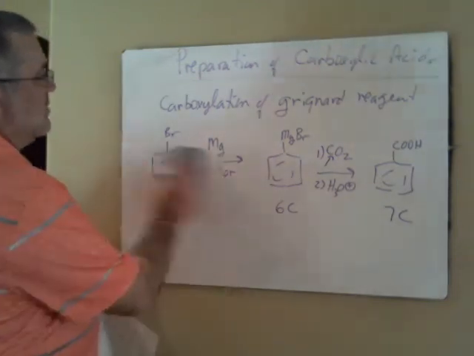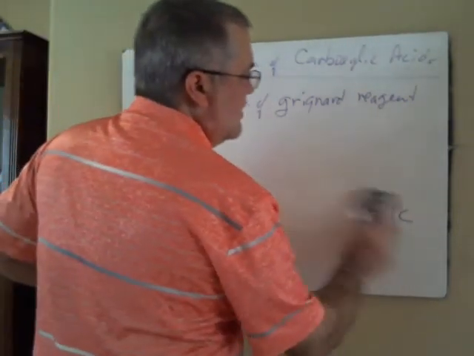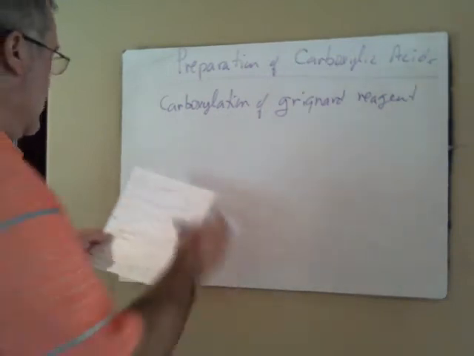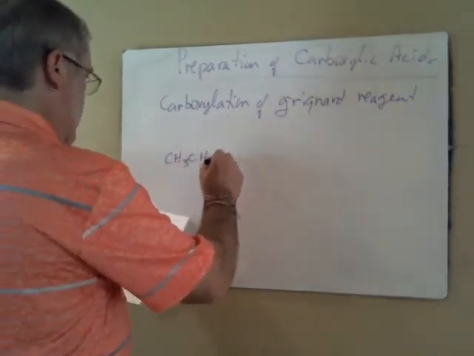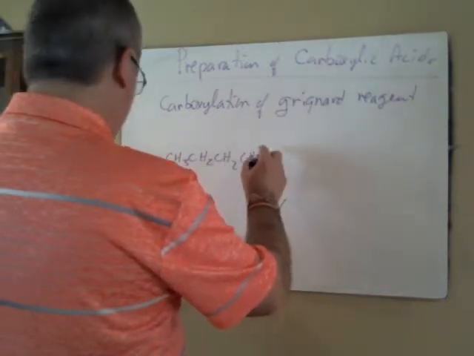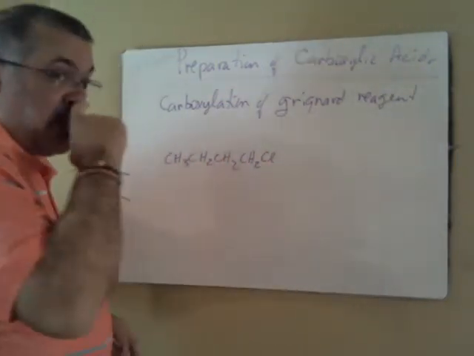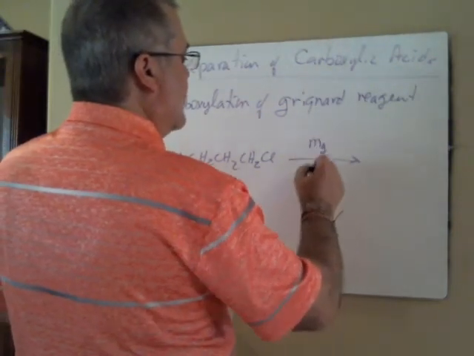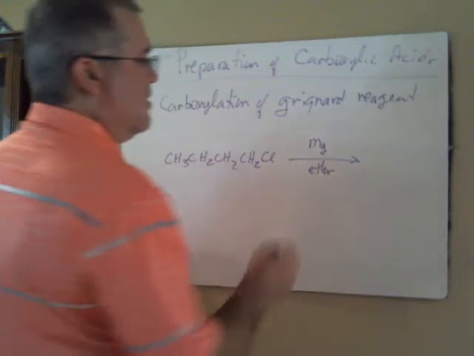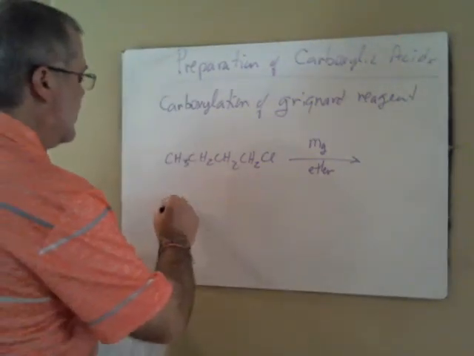And so to emphasize that, let's look at a different example. Let's look at an acyclic or open chain, let's use 4 carbons, and let's have the chloro form of this. So I'm first going to treat this with magnesium and ether, and that's going to form the Grignard.